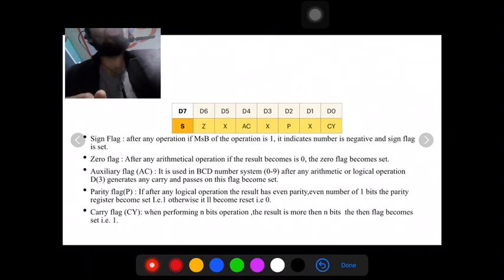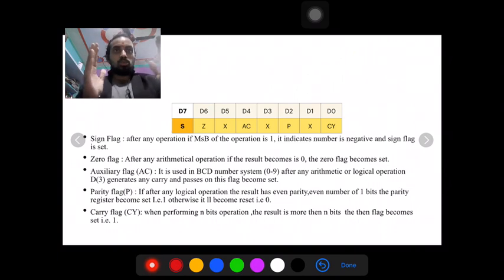You are storing 40 in A and 50 in B. Now I want to subtract A minus B. What I get is minus 10. So the sign flag is set to 1. If it was B minus A, then it is 0, reset.